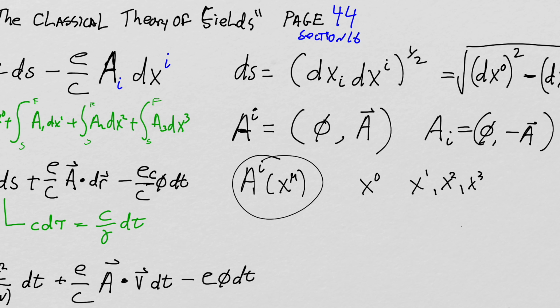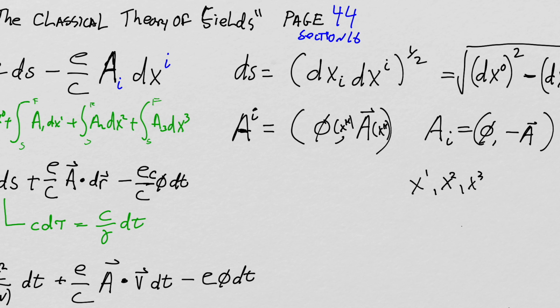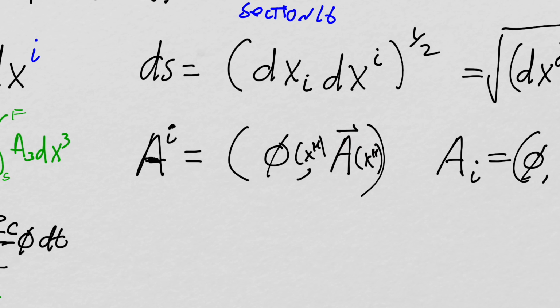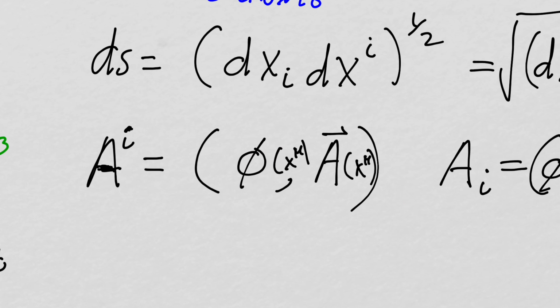So this is a function of space-time, and that gets delivered directly into the vector and scalar parts. Now the vector part of this 4-vector is just the space part, which we're going to conveniently write as a 3-vector, and this is the time part, which we're going to conveniently write as a scalar.